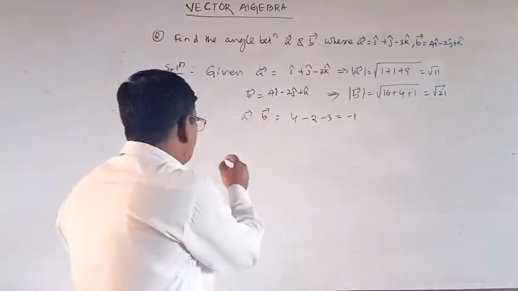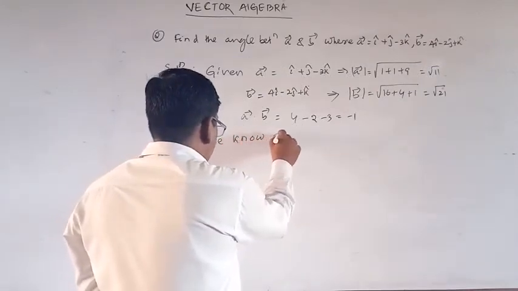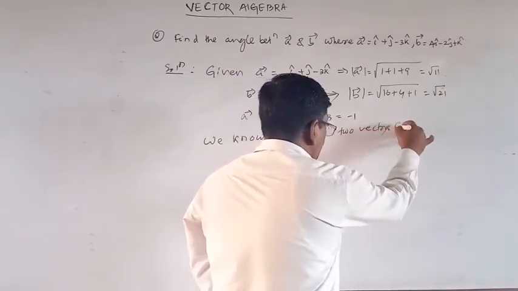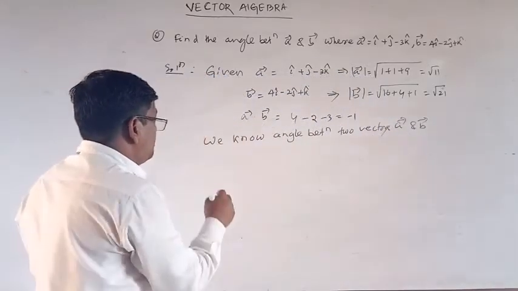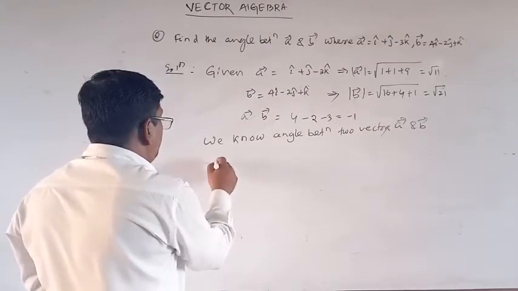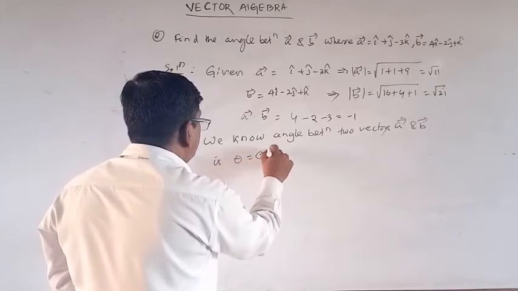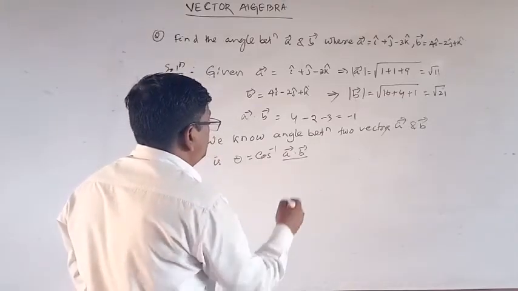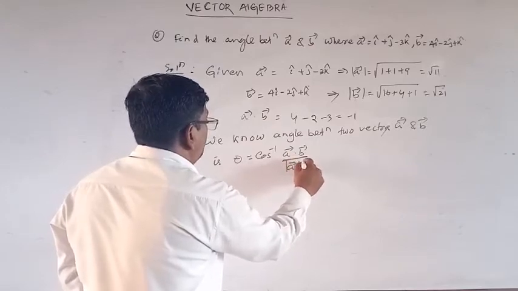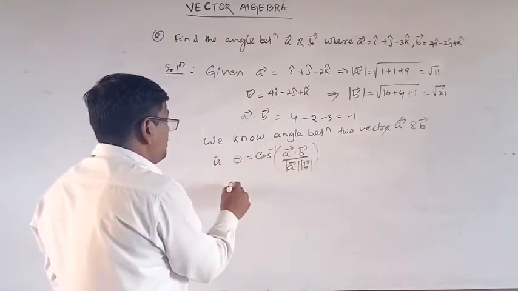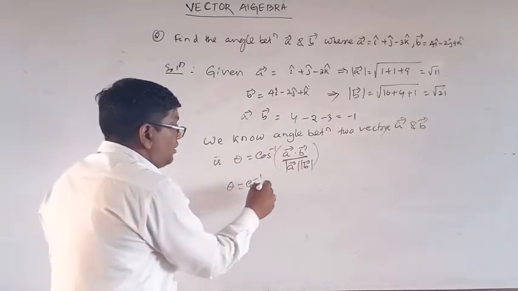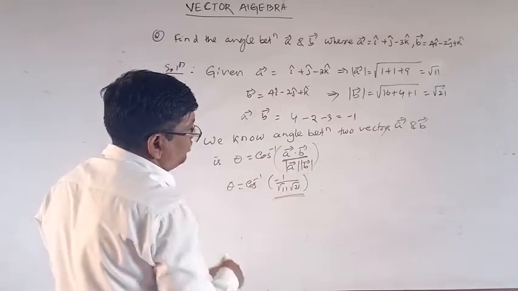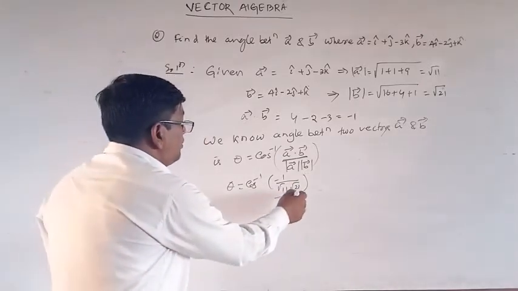Now we know the angle between two vectors A and B, theta, is equal to cos inverse of A dot B divided by magnitude A, magnitude B. So theta is equal to cos inverse of minus 1 divided by root over 11 into root over 21. Multiply this.